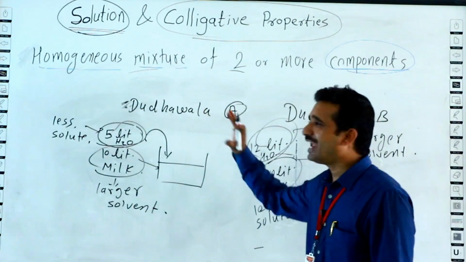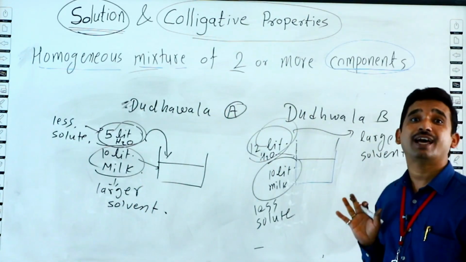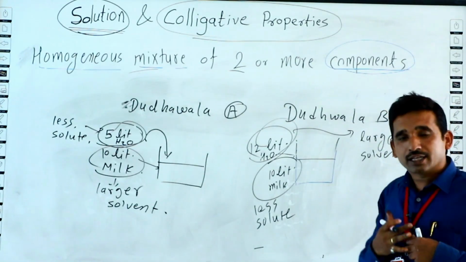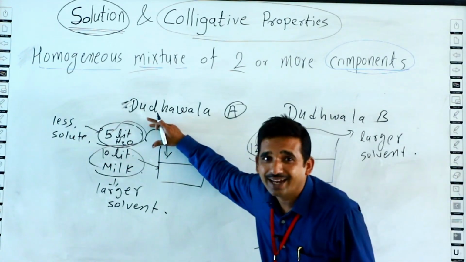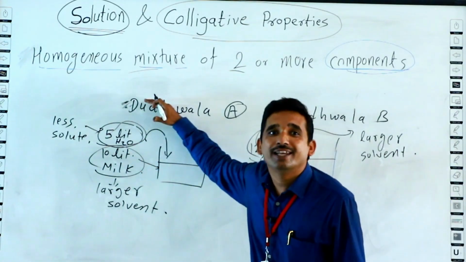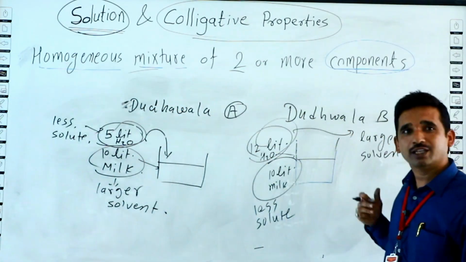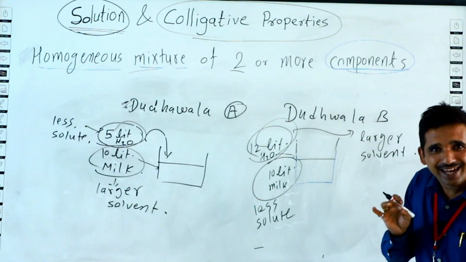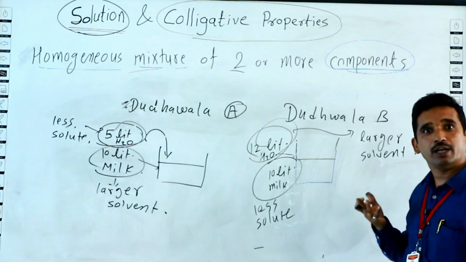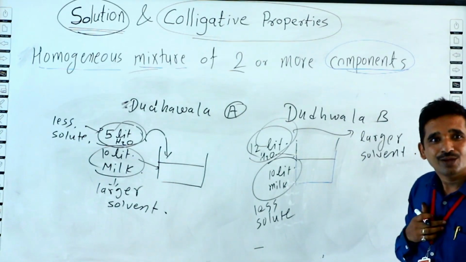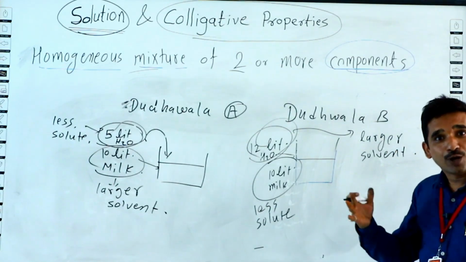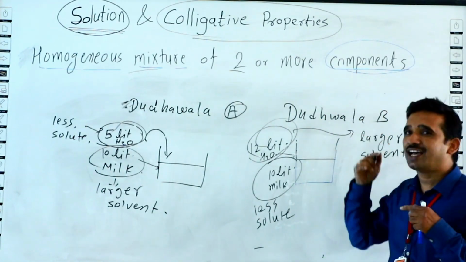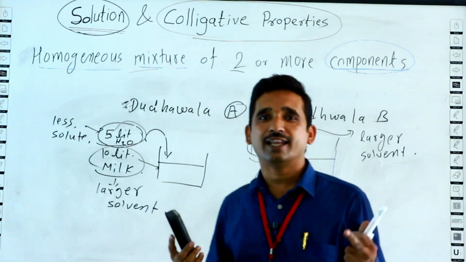A बेचारा, A वाला जिसने कम पानी मिलाया था वो तो बोलेगा कि हाँ भाई अगर आप भगवान की कसम डालते हो तो मैंने दूध में पानी मिलाया. और ये क्या बोलता है? भगवान की कसम मैंने दूध में पानी नहीं मिलाया. बल्कि उसने एक्चुअली क्या किया था? उस साले ने तो बहुत सारे पानी में थोड़ा सा दूध डलवाया था. ये सॉल्यूशन के अलग अलग फंडे हैं, अलग अलग टाइप से.